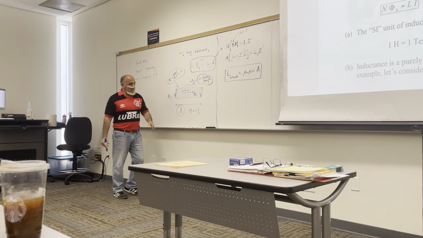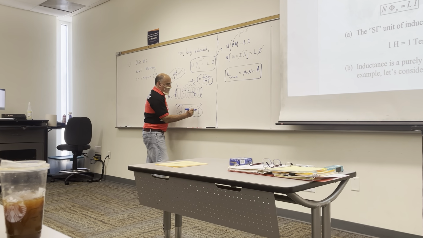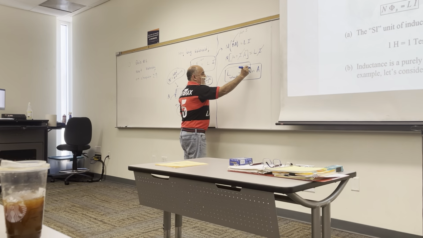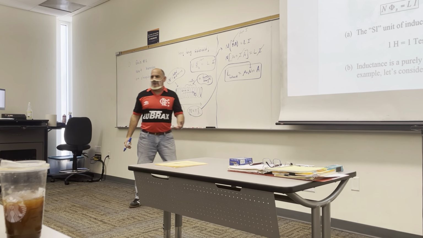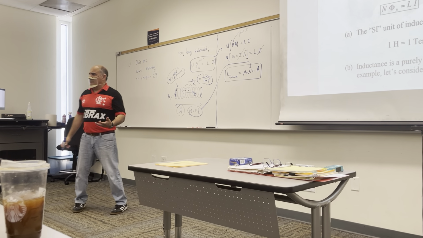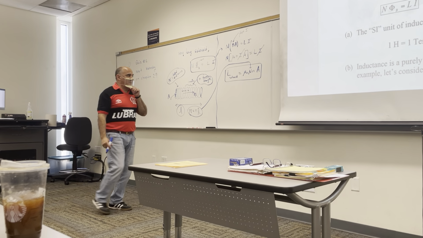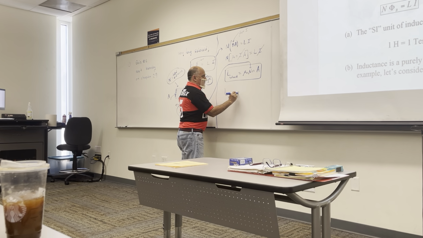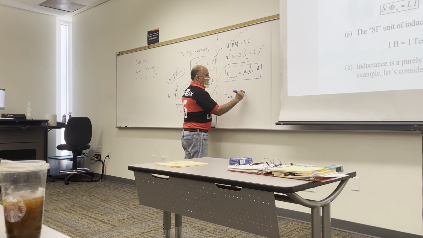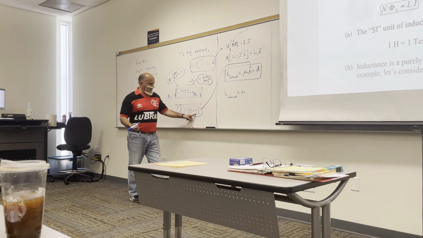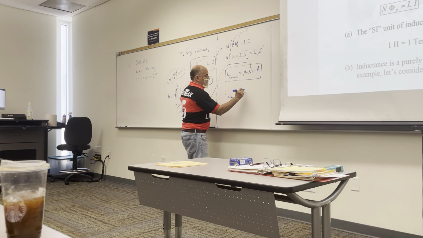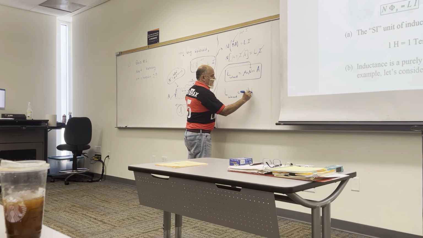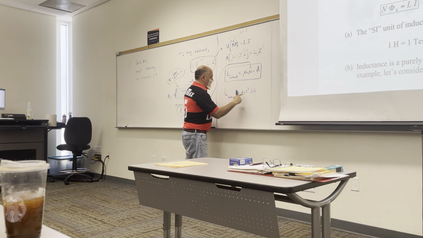So if I use this expression to get rid of the capital N, because I want to express the inductance in terms of the number of turns per unit length, not the total number, then the inductance of the solenoid is equal to mu naught n times l, so it'll be n squared, and then l A. Notice this l is different from this L.